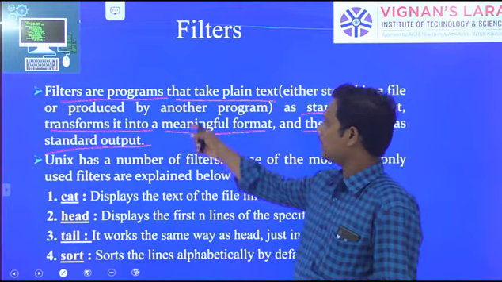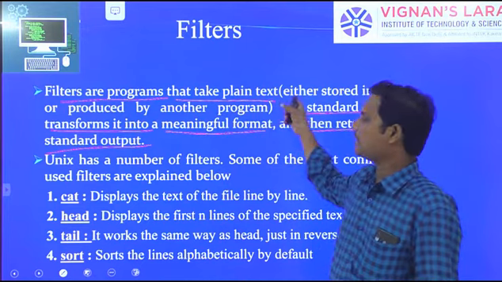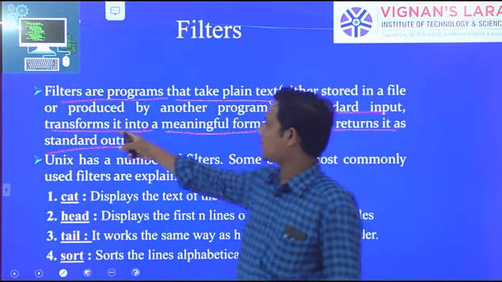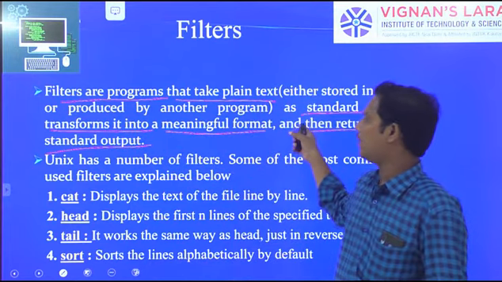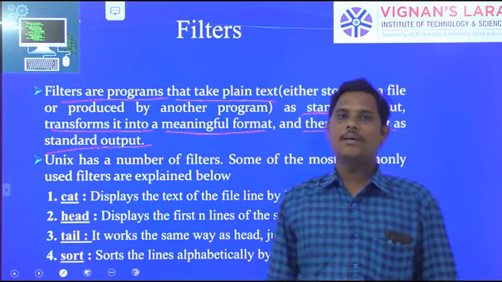So what is the meaning of filter? A filter is a program that takes plain text as standard input, and that input is transformed into a meaningful format to display on the standard output. It is called a filter.